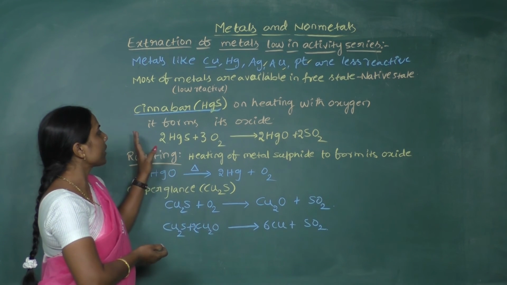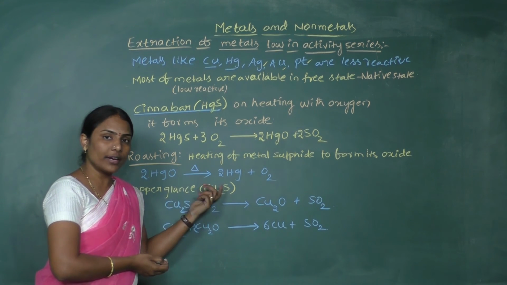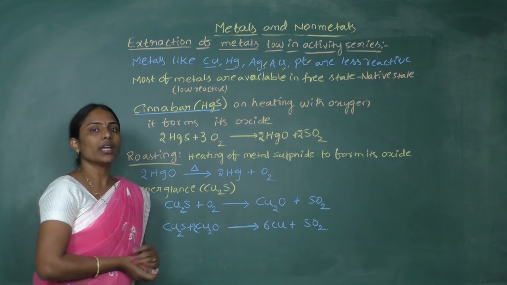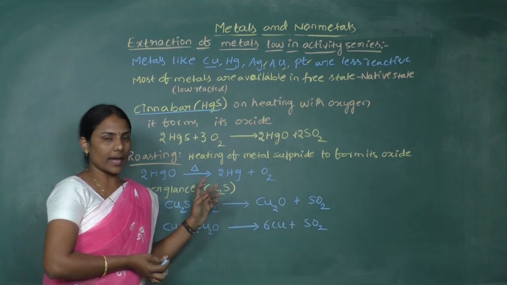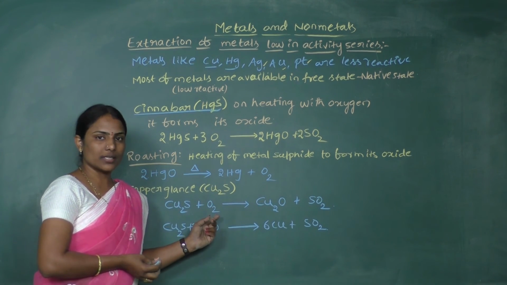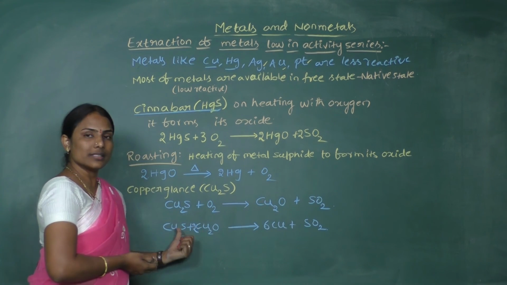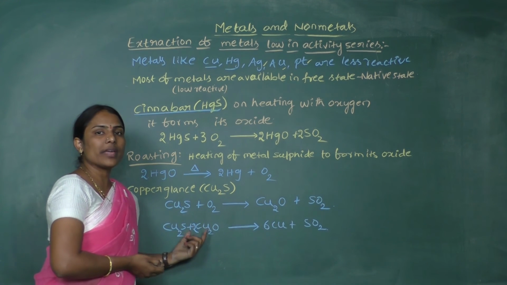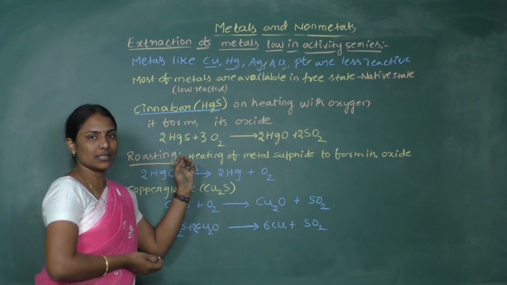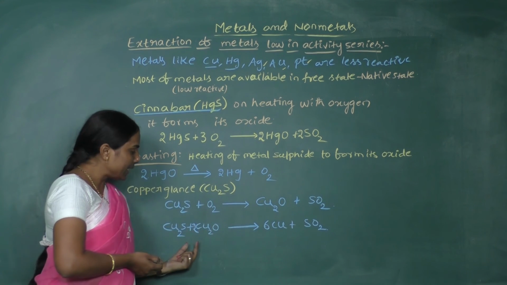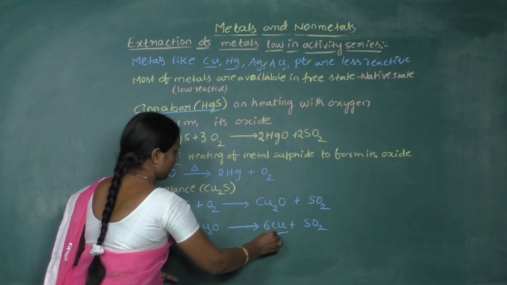Copper can be extracted from a compound like copper glance, which is the sulfide of copper. We first convert the sulfide into its oxide by heating with oxygen, and the oxide is again treated with the sulfide, so that it makes auto reduction, with no need of any further reducing. It itself will break down to give copper as an element, right?